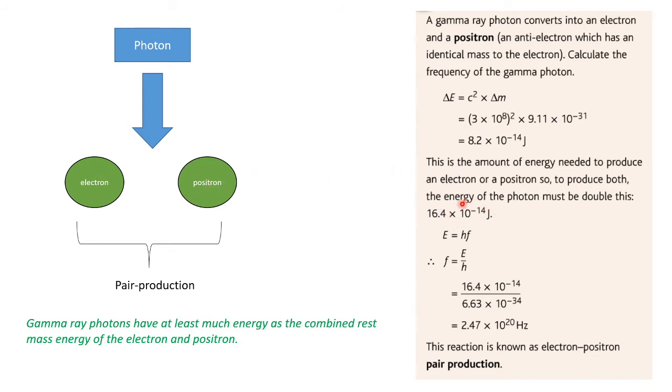This is the minimum energy that the photon has. As we know the energy, once the energy is divided by the Planck constant, we get the frequency of the photon involved here, right?